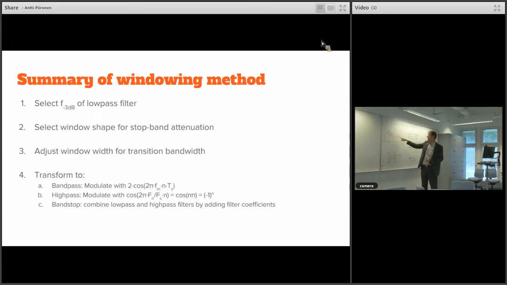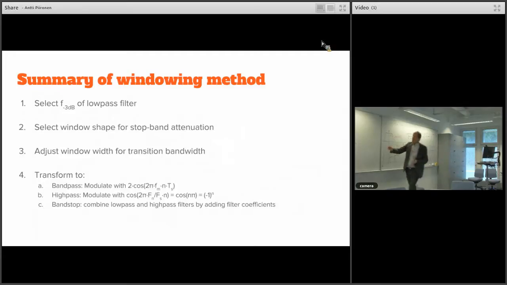So if you are given a bandwidth requirement for a bandpass filter, you then put that one in half and use that as the low-pass filter cutoff frequency. Okay, and then you design the low-pass filter for the given attenuation and transition bandwidth.